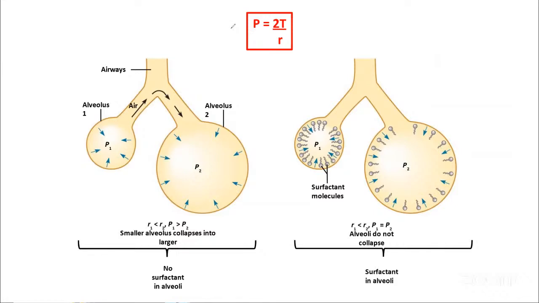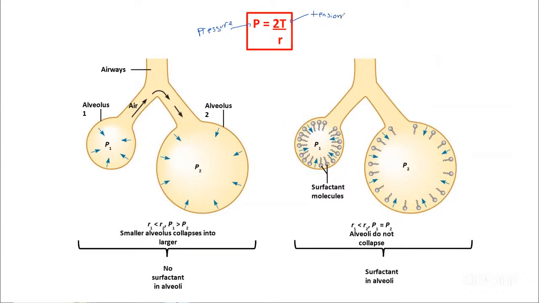So we're looking at pressure, that's a P. Okay. T is our tension. So big tension would be big T. This is our surface tension. Okay.